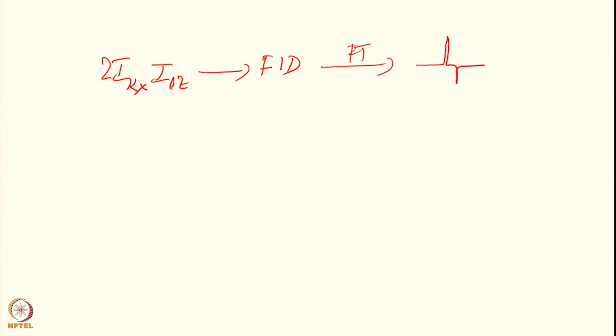So this is called antiphase magnetization. This magnetization term evolves in the free induction decay, because there is a J evolution that happens, and after Fourier transformation of the resultant magnetization, it will produce a spectrum like this. These are called antiphase signals.